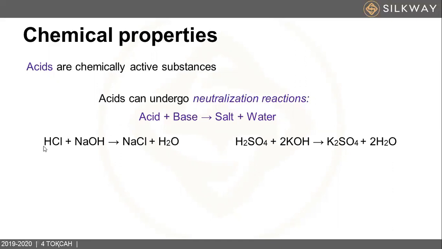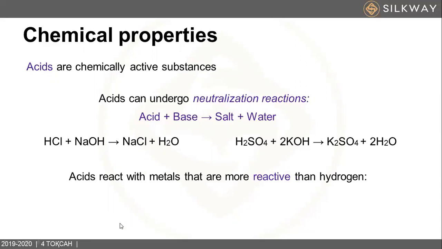Example of them is hydrochloric acid reacting with sodium hydroxide, it's a base, and it produces salt sodium chloride and water. When sulfuric acid reacts with base like potassium hydroxide, it produces salt potassium sulfate plus water.